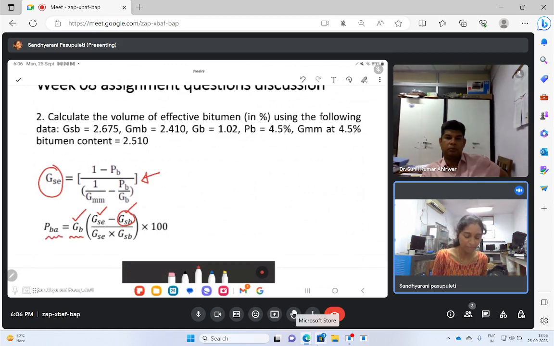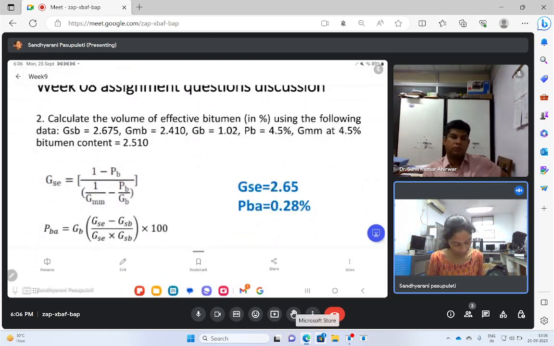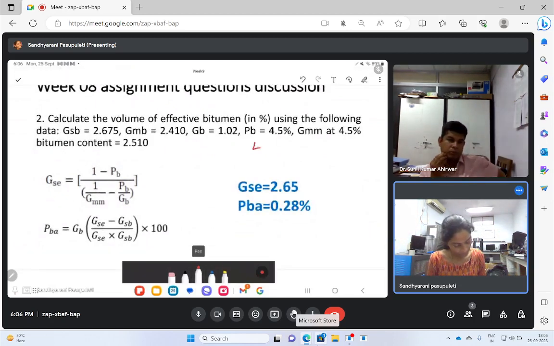Once we get the bitumen absorption, we already know the total bitumen is 4.5%, and the bitumen absorption after calculating, let us say, is 0.8%.